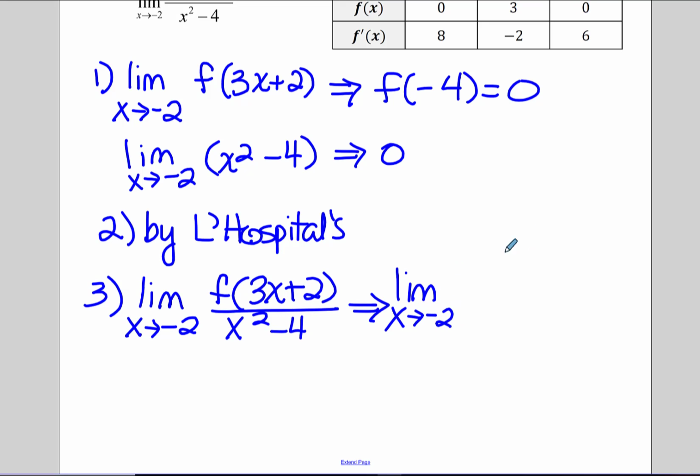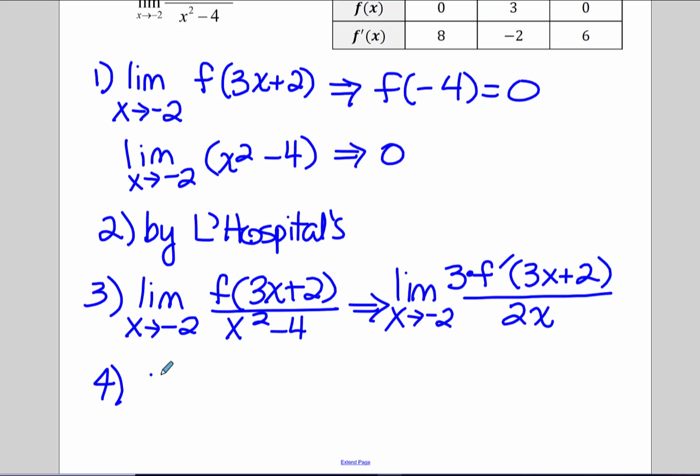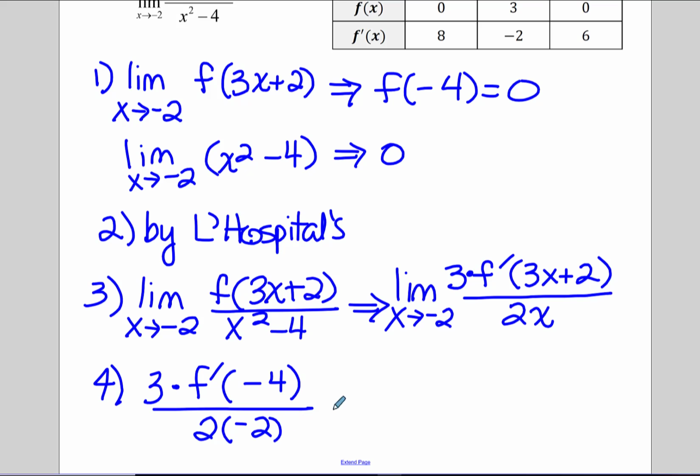We've got the f prime of 3x plus 2 times the derivative of the inside, so I'm going to put that in front, times 3. And then derivative of the denominator is 2x. So can we substitute 3 times f prime of -4 divided by 2 times -2.